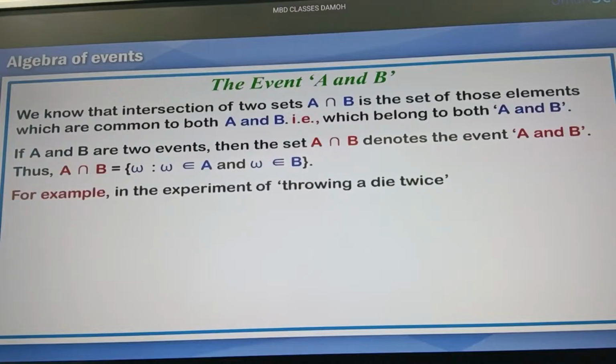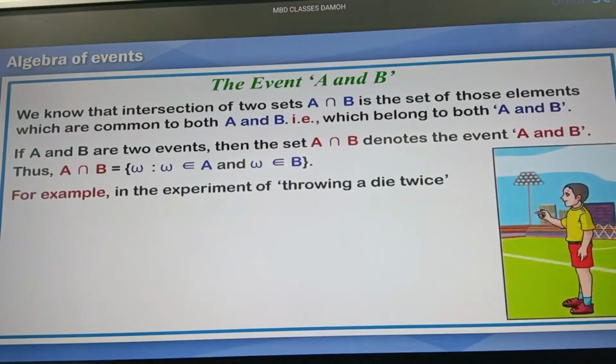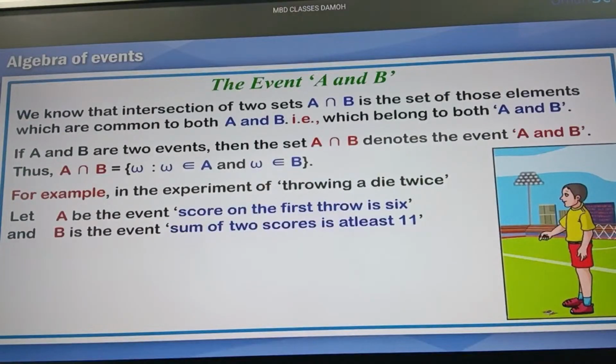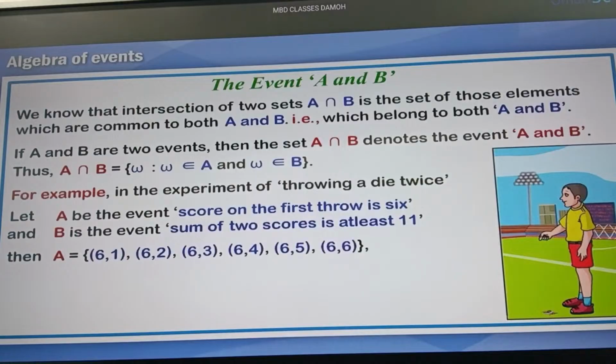For example, in the experiment of throwing a dice twice, let A be the event, score on the first throw is 6, and B is the event, sum of two scores is at least 11. Then A is equal to {(6,1), (6,2), (6,3), (6,4), (6,5), (6,6)}.